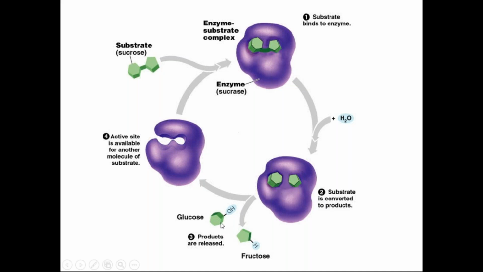The products are released, and the enzyme is again available to take on a second substrate molecule to break it down into glucose and fructose. So this reaction cycle continues in the enzyme catalyzed reaction. The enzyme is continuously being recycled, or what we call the turnover. So it is being turned over.